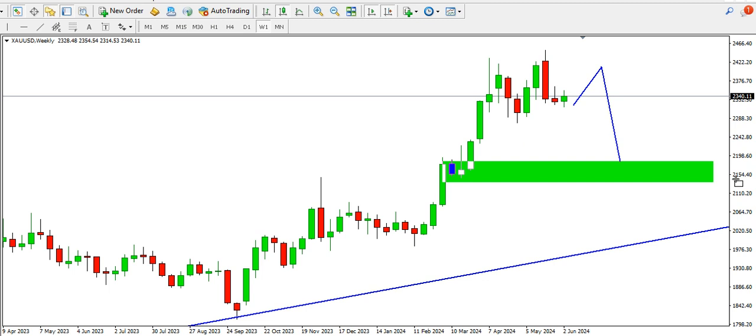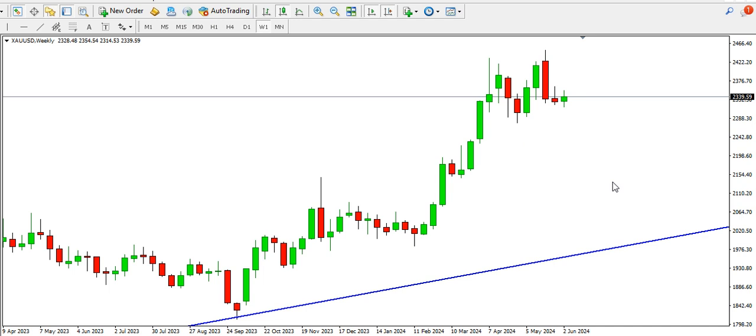It's just a possibility. Another possibility is that instead of forming the right shoulder, price could just continue to give us more like a three-drive pattern, where we have the left shoulder, we have the head, and then we have a right shoulder that is even higher than the head.